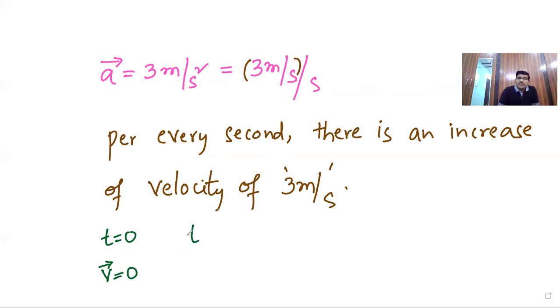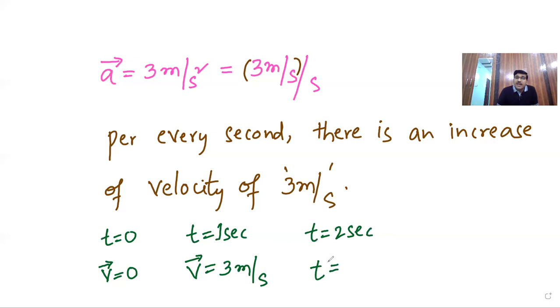When time is equal to 1 second, as time increases by 1 second, the velocity is increasing by 3 meter per second. When time is equal to 2 seconds, as time increases again by 1 second, velocity is increasing again by 3 meter per second, that means 6 meter per second.